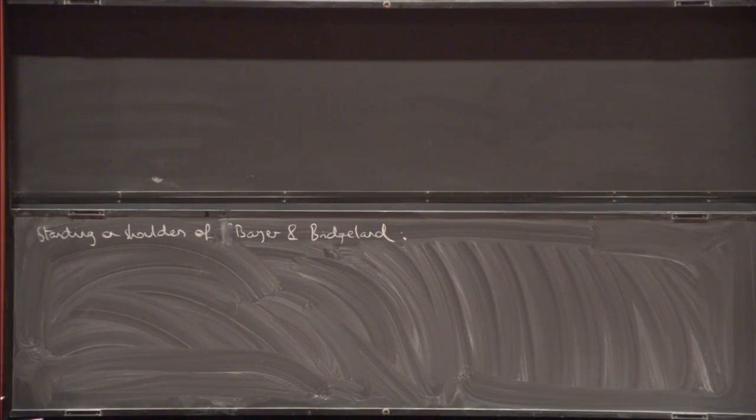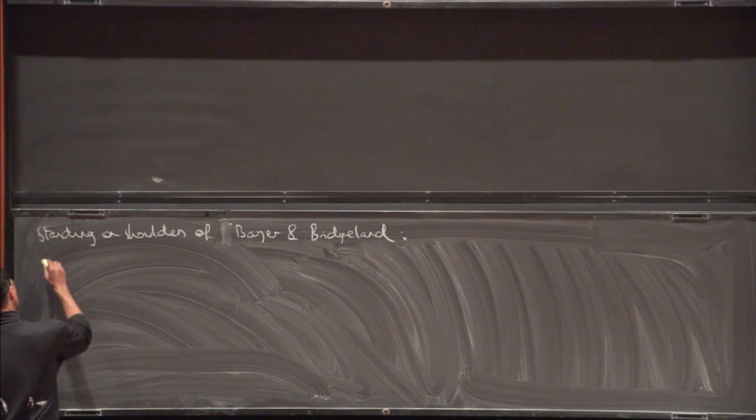so I want to tell you a little bit about stability conditions, a theory that Tom Bridgeland's developed over a long period. I won't have time to say very much.